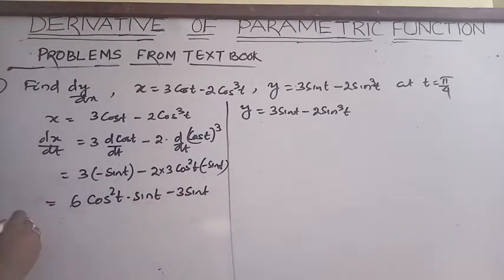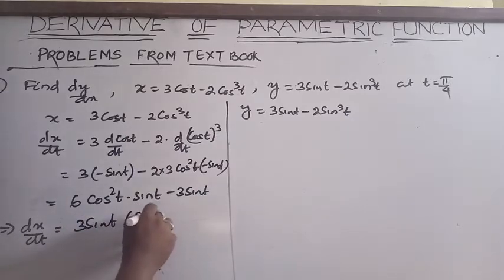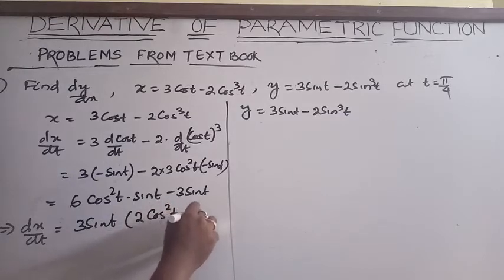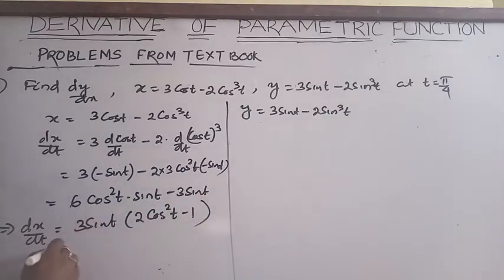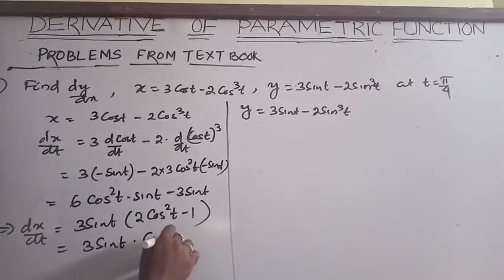So dx by dt, take 3 sin t common, is equal to 3 sin t into 2 cos square t minus 1, which is 3 sin t cos 2t. This is dx by dt.